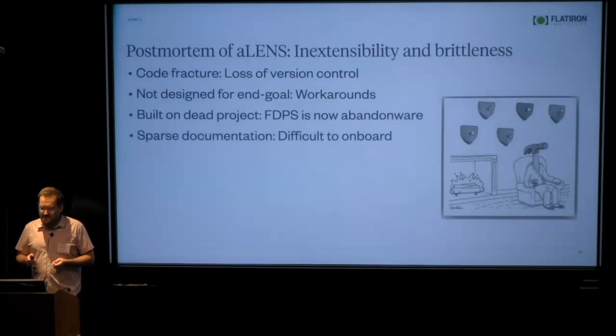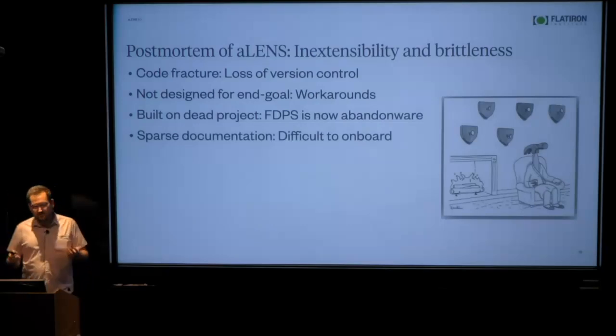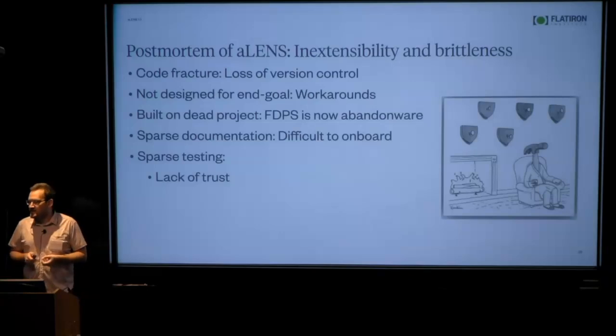A lens also suffers from the fact that because of all these fractures, you have sparse documentation, and you also have sparse testing. We're going to get into why testing is good here in a few slides. But basically, without testing, you have no way of knowing if a change you made broke everything else. Especially with research code, you make a change, something breaks, but because you don't have tests, maybe you don't catch it until 5 weeks later, where suddenly you're like, oh, this shouldn't be this way.